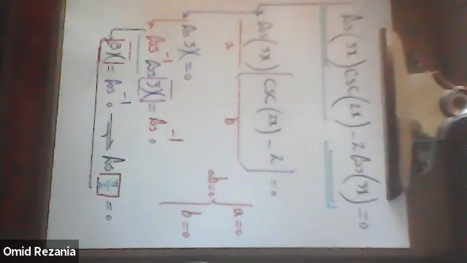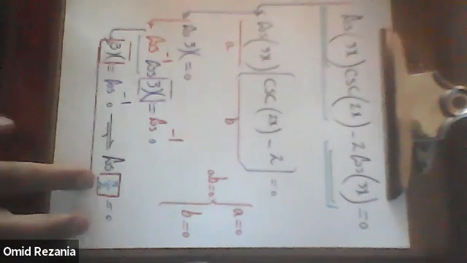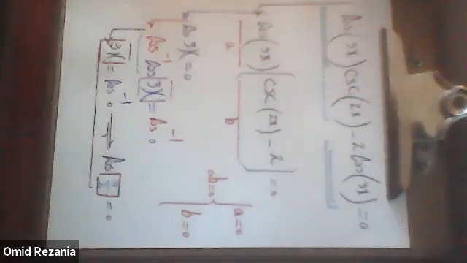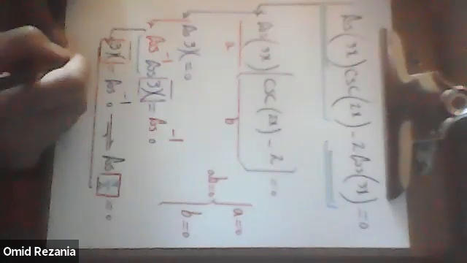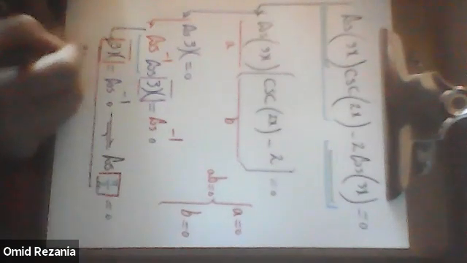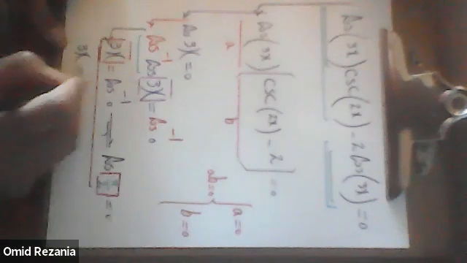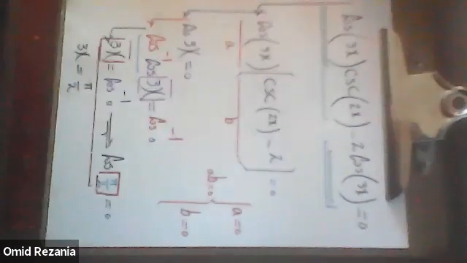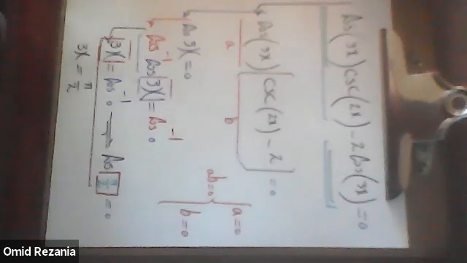These two boxes, as we learned, are going to be similar. Then it means that now 3x equals pi over 2.